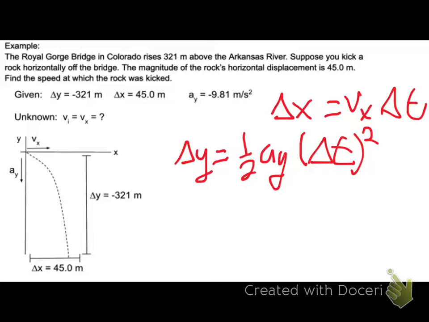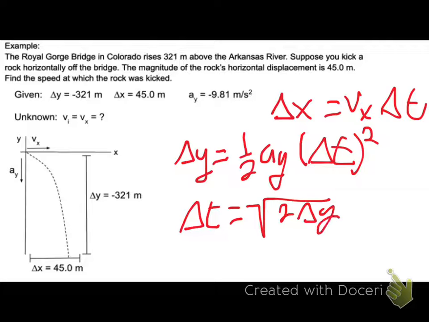And when we do that, I will spare you the trouble of manipulating it on your own, you're going to wind up with time equaling the square root of 2 delta y over acceleration of y.